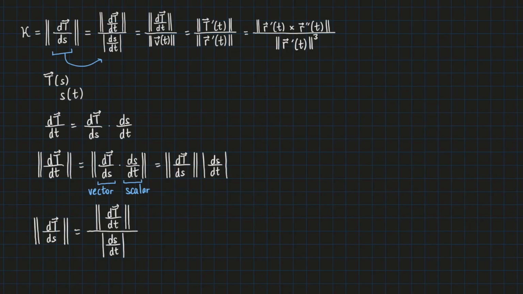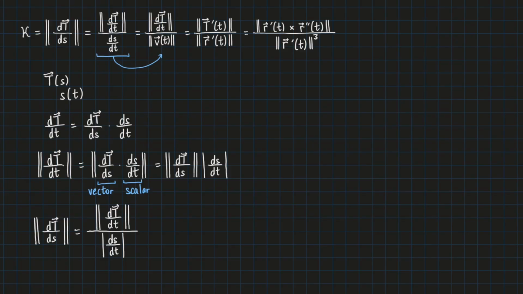After dividing by the magnitude of ds/dt, the magnitude of dT/ds equals the magnitude of dT/dt over the magnitude of ds/dt. That's how we get this. Remember that ds/dt is the speed, and speed is already non-negative, so we actually don't need to put these absolute value bars.